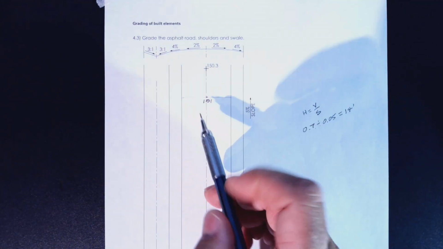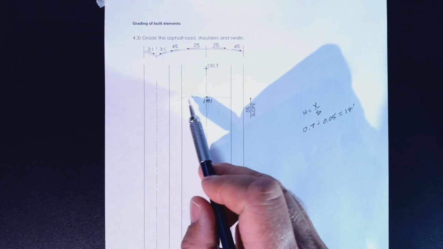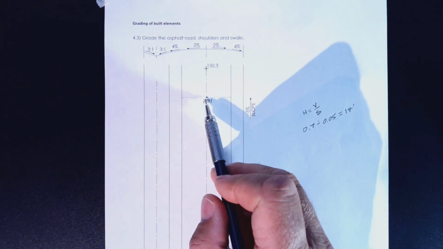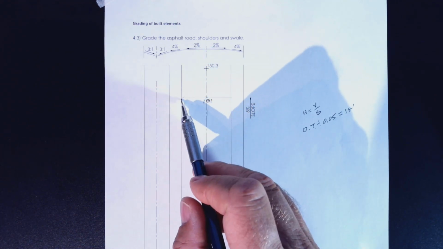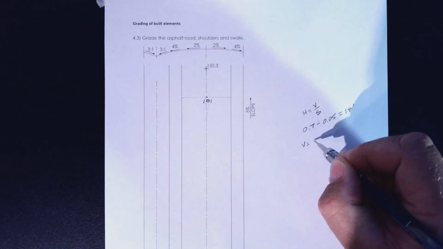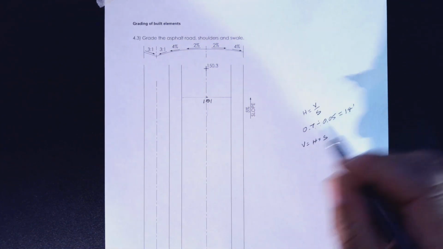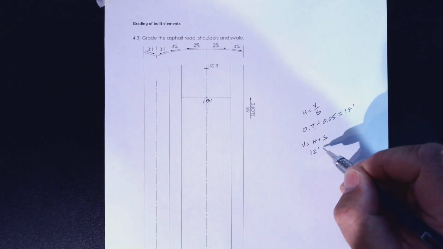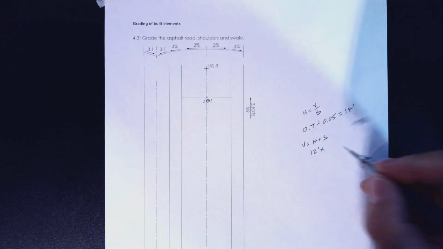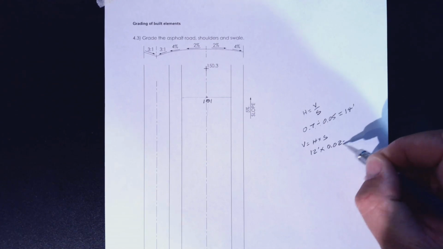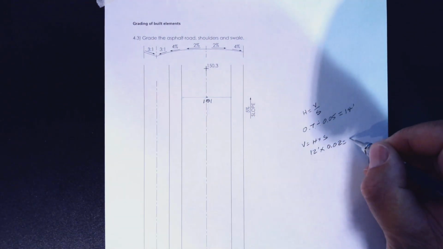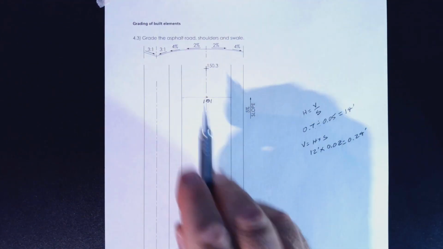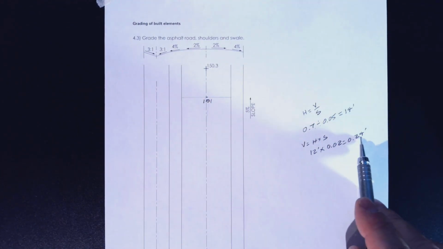We know the horizontal is 12 feet and the slope is 2%. We just don't know how far we drop vertically. Vertical equals horizontal times slope, so 12 times 0.02 equals 0.24 feet. It drops from here to here 0.24 feet.